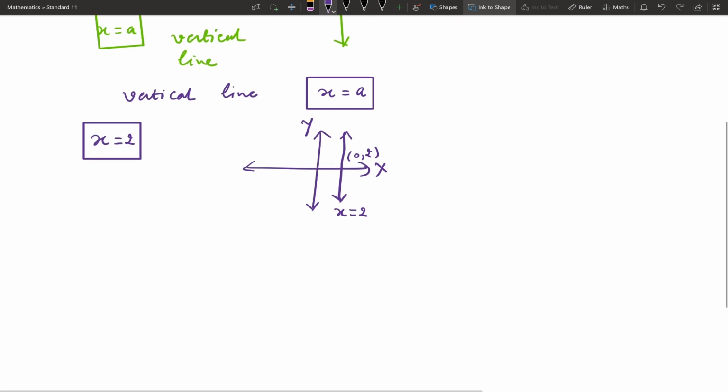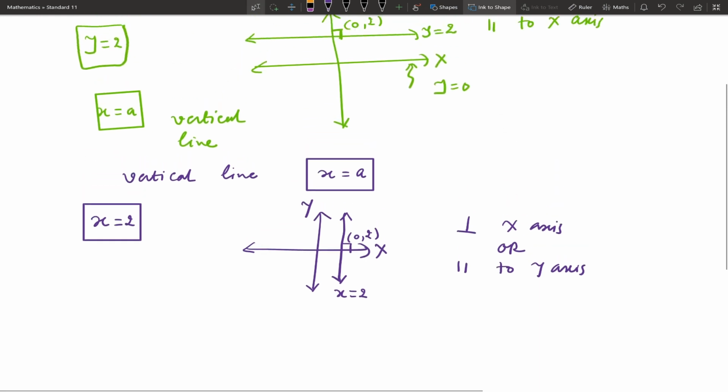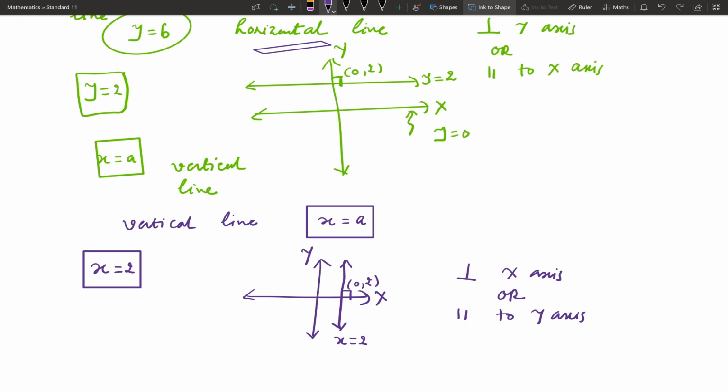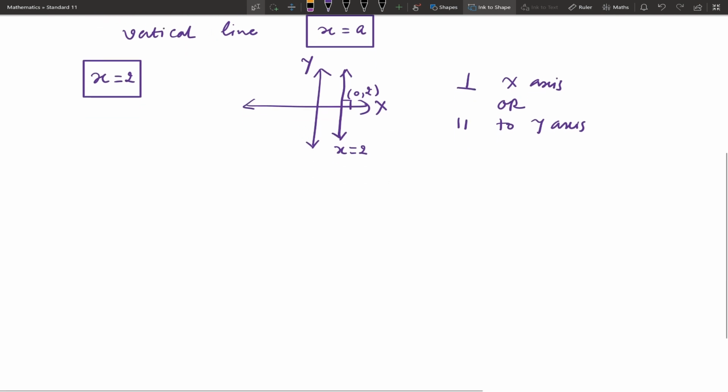So a vertical line is a line which is perpendicular to the x-axis, or you can consider it as parallel to the y-axis. A horizontal line is perpendicular to the y-axis or parallel to the x-axis. A line which is neither vertical nor horizontal is always of the form ax plus by plus c equal to 0, where a is not equal to 0 and b is not equal to 0.